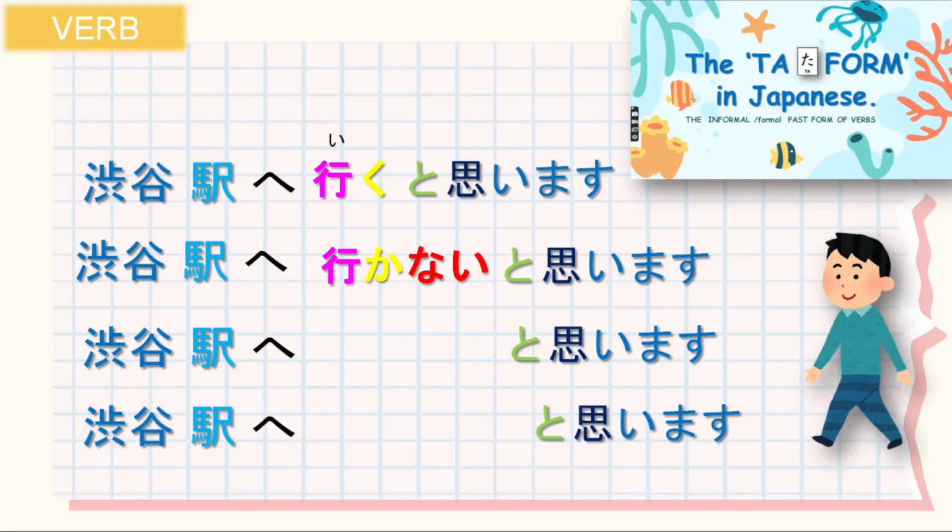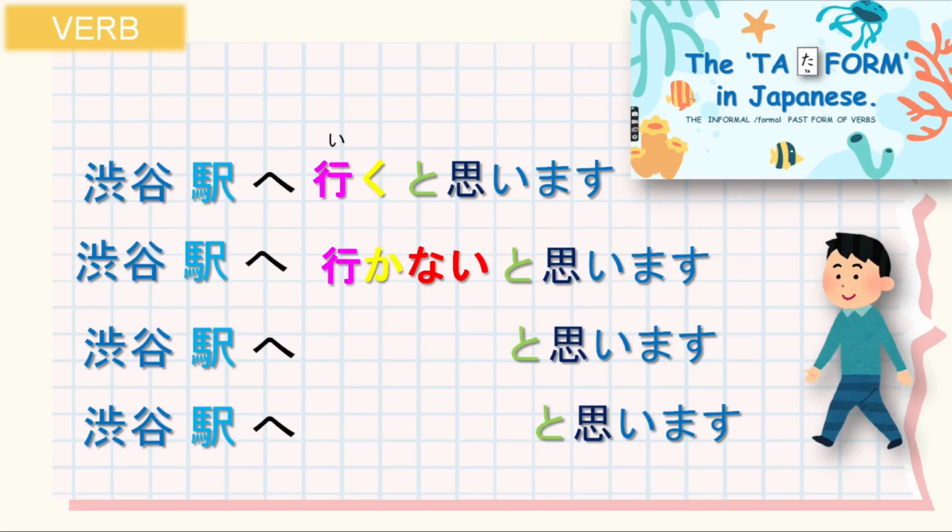Now, I want to say that iku is mostly an exception. But when you want to convert a verb like iku into its negative form, you convert the last sound into the a sound. So ku becomes ka. If it was su, it becomes sa. Gu becomes ga. Anything with the u sound, because it's a u verb, the u sound will become the a sound.